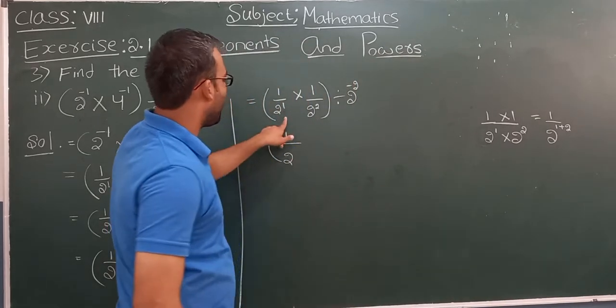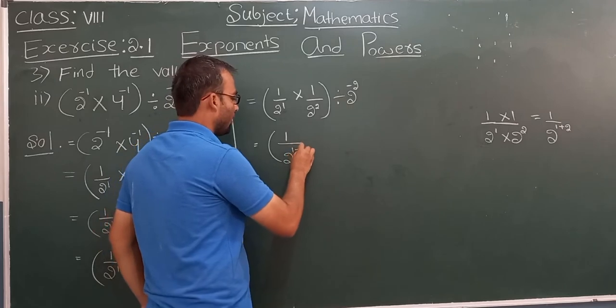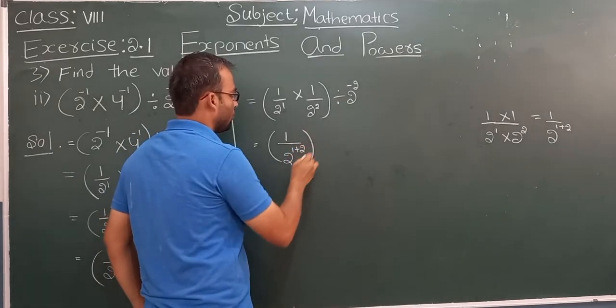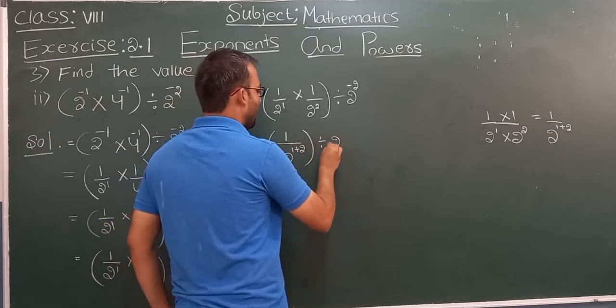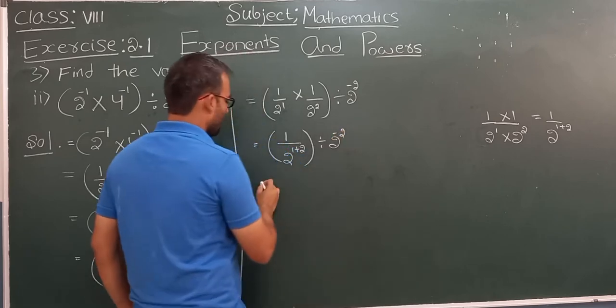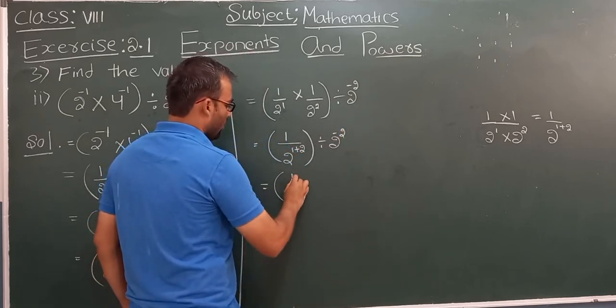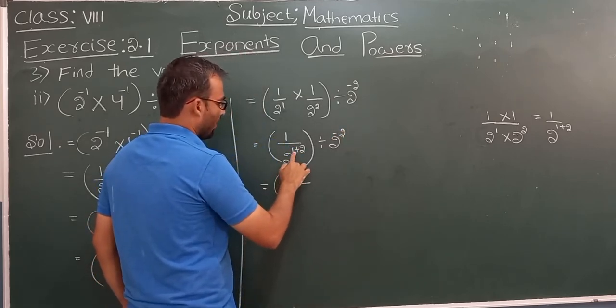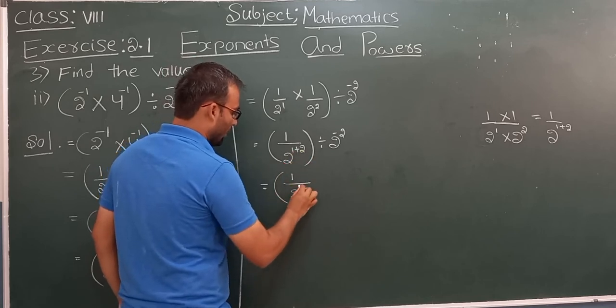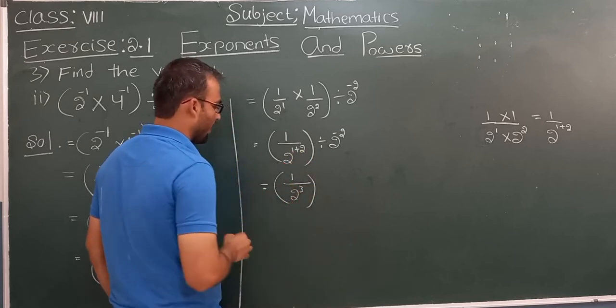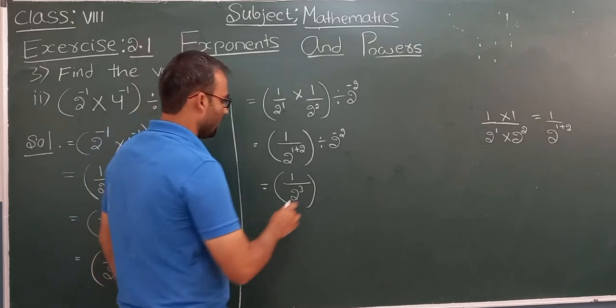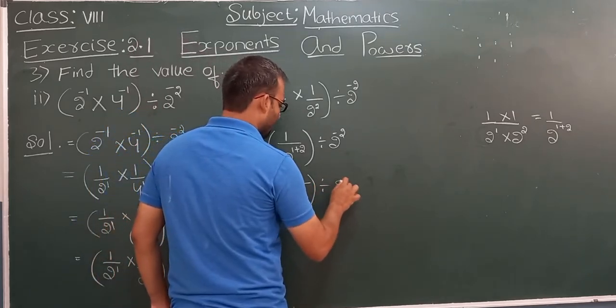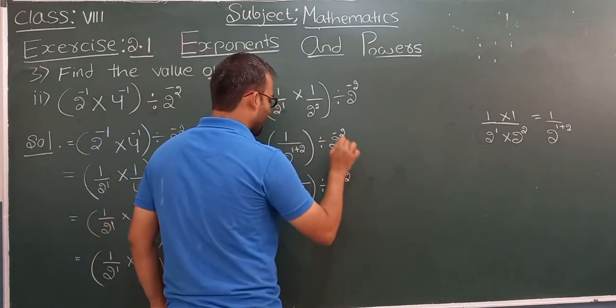So we can write it as 2 to the power 1 plus 2 divided by 2 to the power minus 2. Now 1 plus 2 is what? 3. So here we are getting 1 by 2 to the power 3 divided by 2 to the power minus 2.